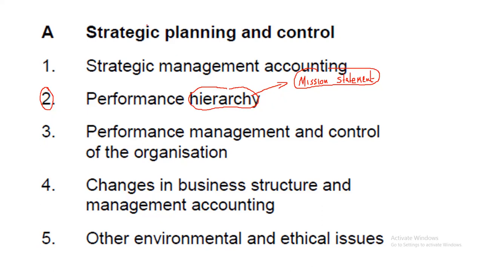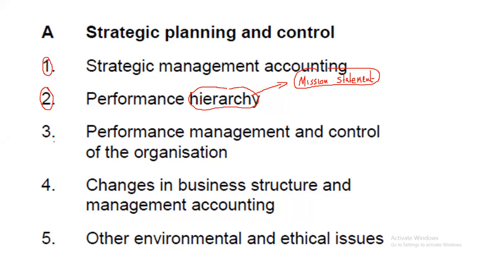So we come back to this list now. What are the items that we want to deal with here? There are items covered here in strategic management accounting, and these are the examining models.